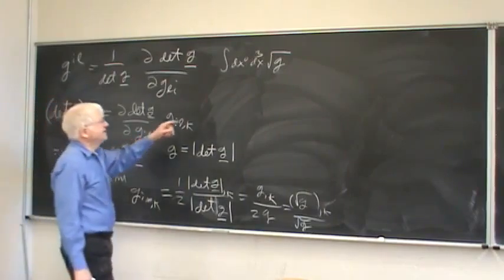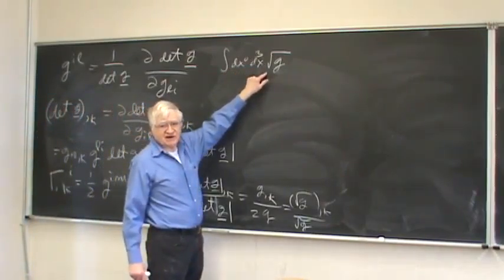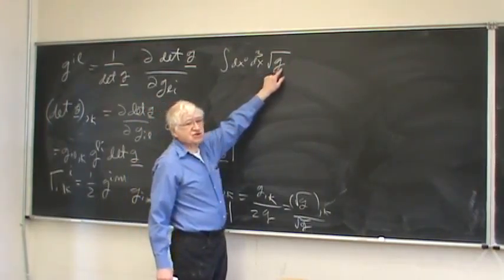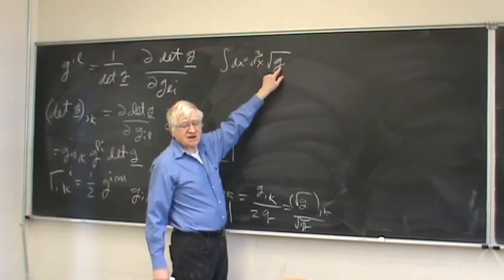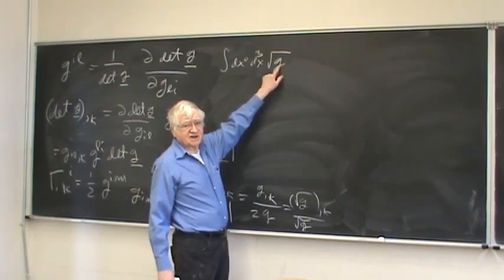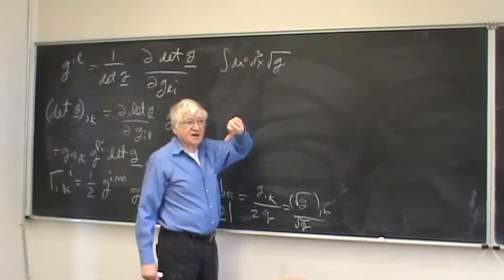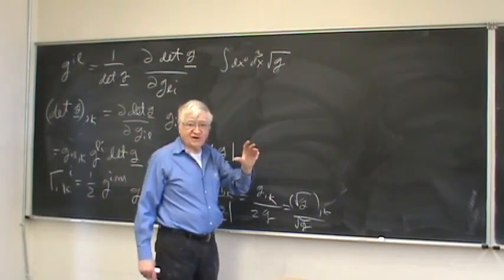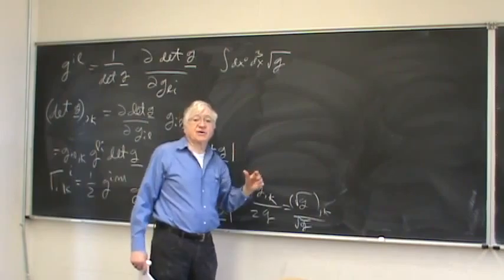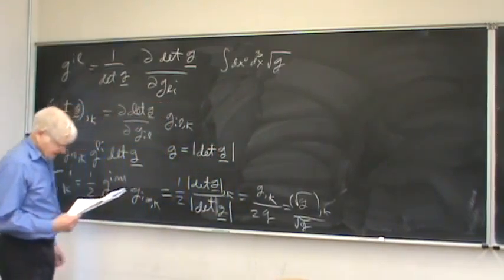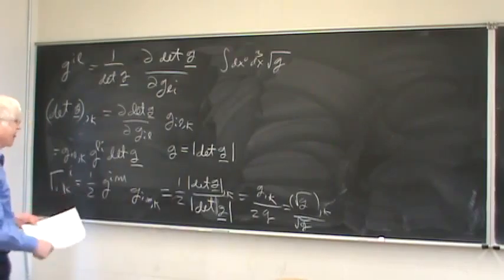Because this is 4 contravariant indices, this is 2 covariant indices, but it's a determinant, so it's actually 8 covariant indices, but it's a square root, so it's really 4 covariant indices. All right, so that is basically that.